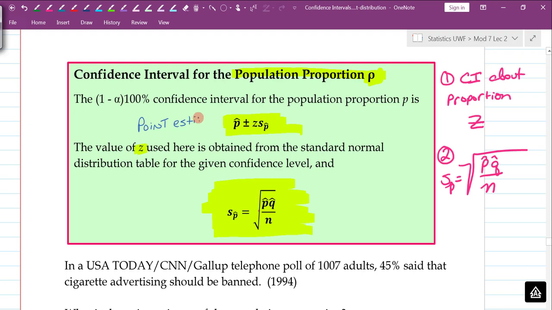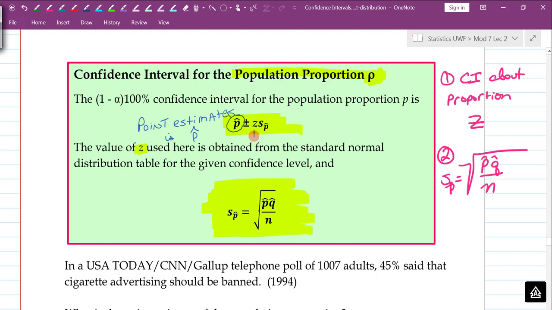So this right here is our point estimate, p hat. We're always going to use a Z because it has to do with proportion.